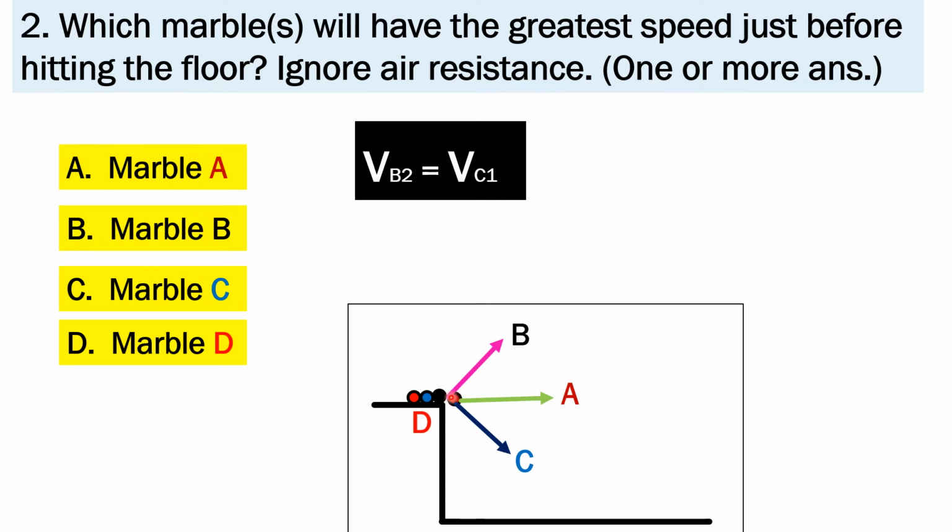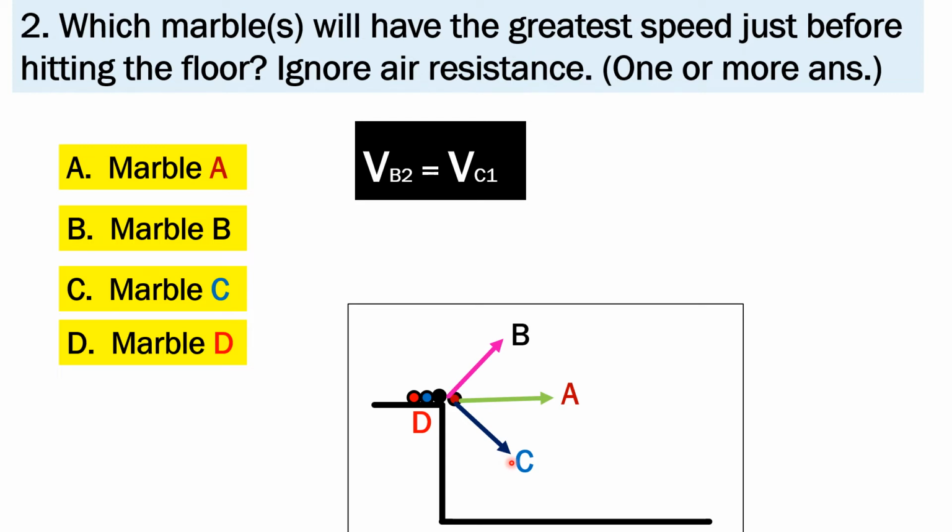The speed of marble B when it reaches that point with the same level as the initial position is equal to the speed of marble C at its initial position.